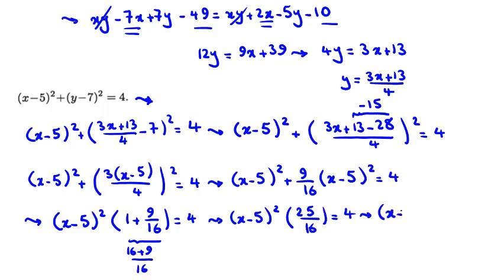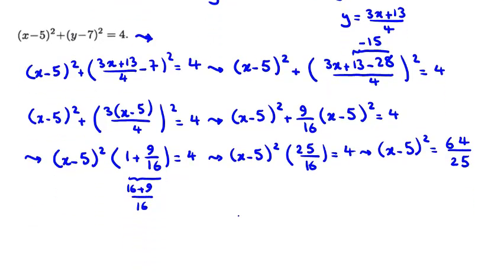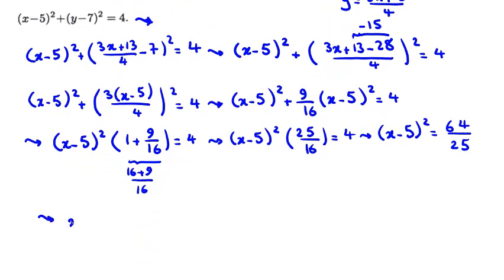Now we can say x minus 5 squared, if we multiply both sides by 16, it will be 64. And divide both sides by 25. Now we can conclude what? x minus 5 will be plus or minus the square root of this, which is 8 over 5. So x will be 5 plus or minus 8 over 5.